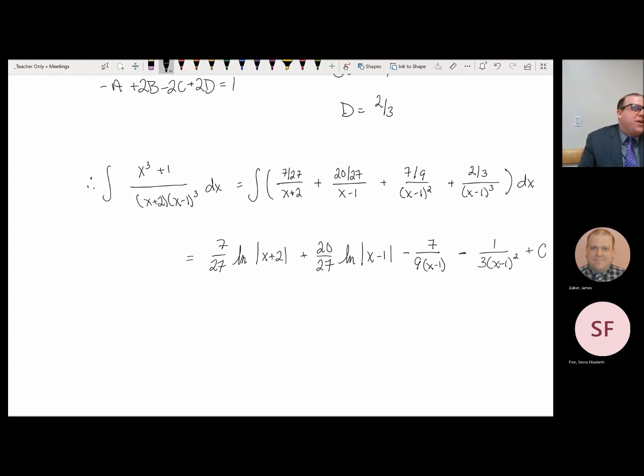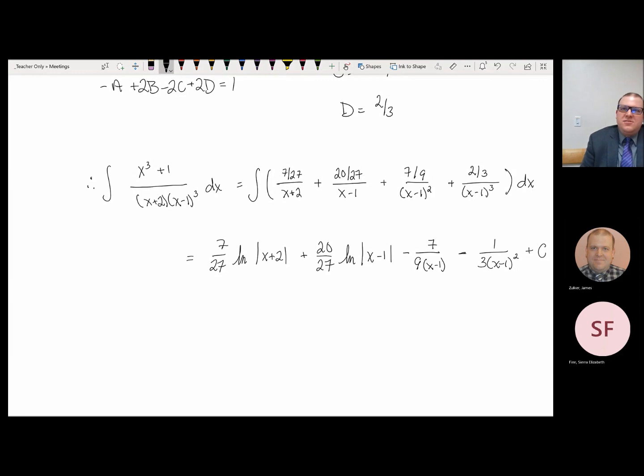Because the rule of thumb is always to write your answer in the form of the question. Right, the question gave you denominators, so you should have denominators in the answer. I personally don't care, but as a general rule of thumb, you don't do it. I don't care either way.